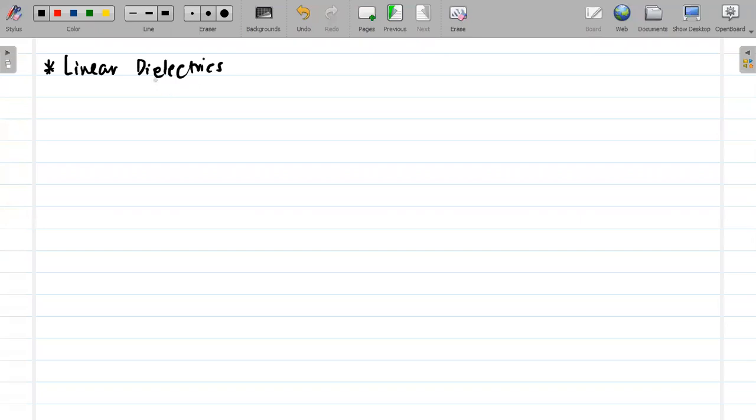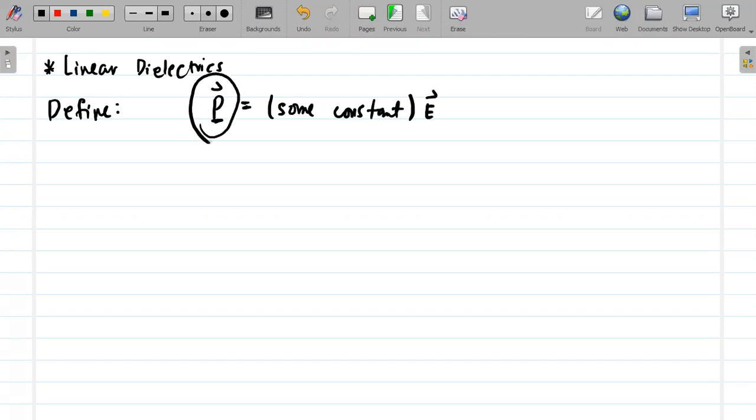Now, class, gagamitin ulit natin yung polarization. So, define first the polarization vector that is equal to some constant times the electric field. Di ba, class, yung polarization natin, dependent siya actually sa electric field.